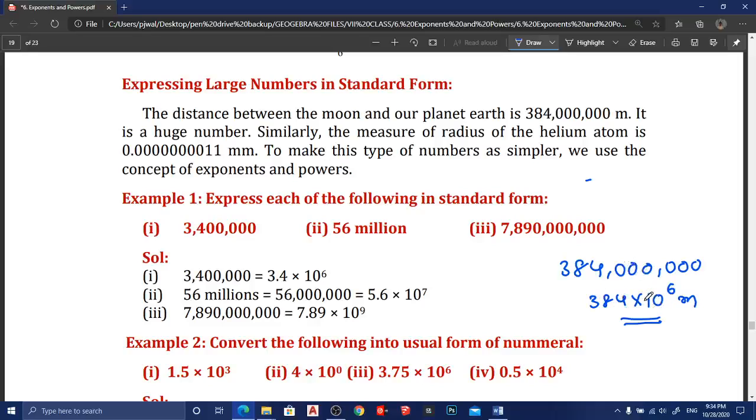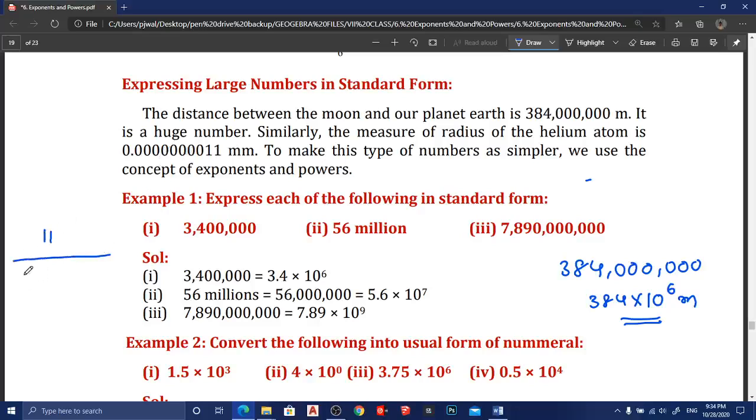And how can you write this other number in exponential form? See, after the point, how many zeros are there? 8 zeros, and then 2 digits, so 10 digits are there. This decimal number you can write in the form of a fraction.